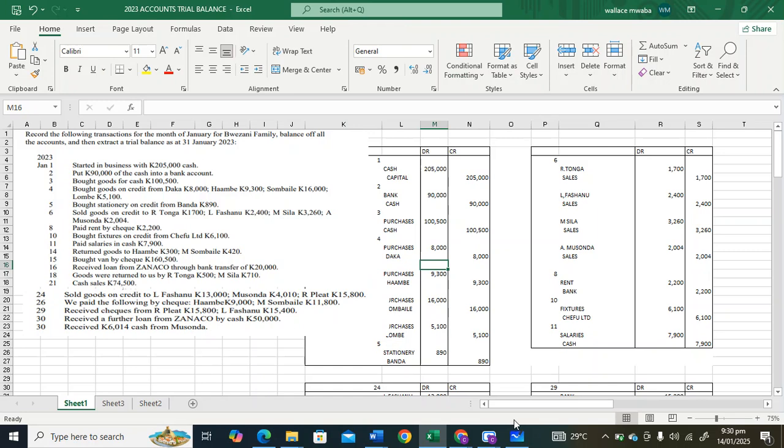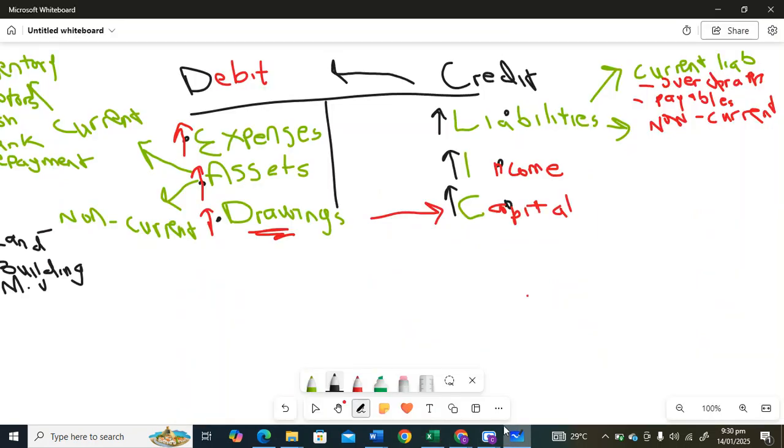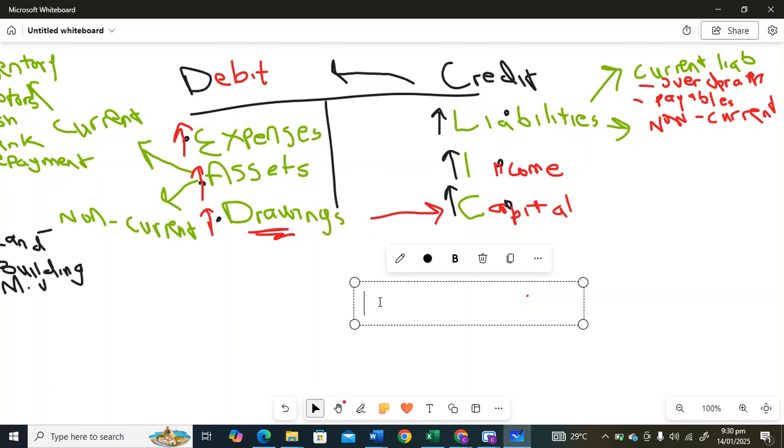So, as you read a transaction, these are the following rules you need to remember also. For each transaction that you read, number one, you identify the type of transaction. Okay, is it a credit sale? Is it a cash sale? Is it a payment of an expense? Is capital being brought in?